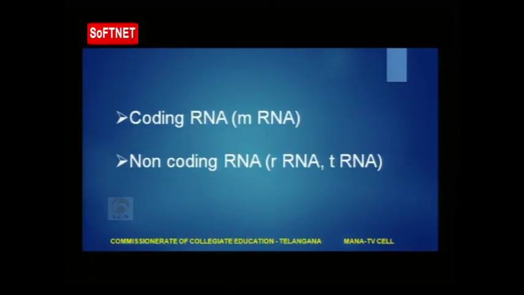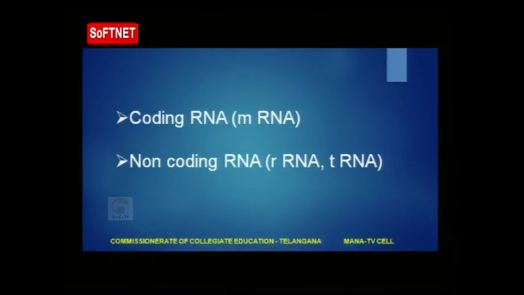The synthesized RNA molecules may be coding RNAs or non-coding RNAs. Coding RNAs are RNA molecules that further are involved in the synthesis of protein molecules, so they are called coding RNAs. One of the coding RNAs is mRNA or messenger RNA, which is involved in the synthesis of protein molecules.